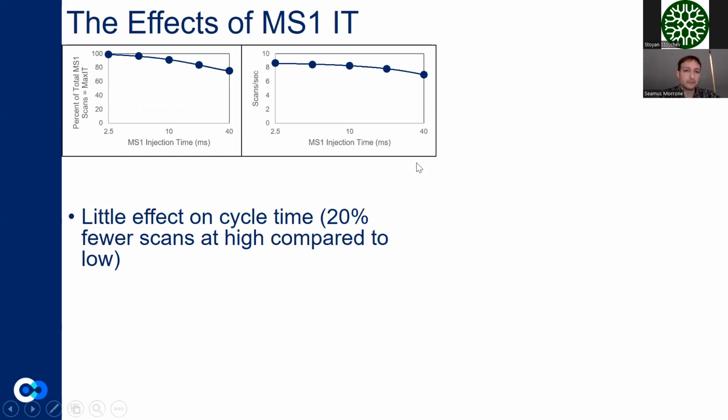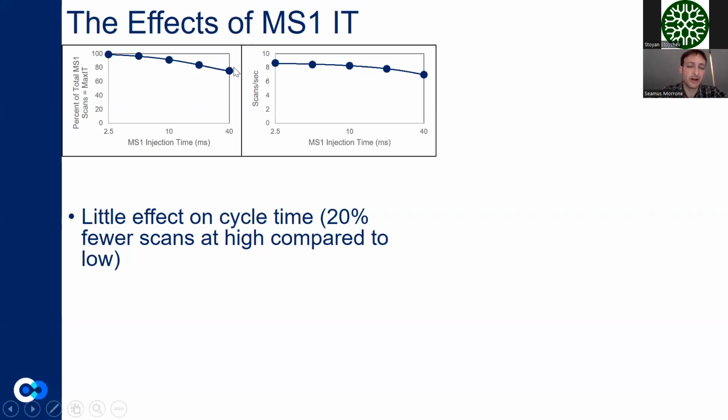In what I'm going to present, I'll be showing the MS1 and MS2 level of IT and AGC and their effect on phosphopeptide identification and localization. The first one we explored was injection time, and as we varied it from 2.5 milliseconds to 40 milliseconds at the MS1 level, we saw just a little effect on the total cycle time. As we go from low to high, there's a slow decrease in the scans that actually reach this maximum injection time.